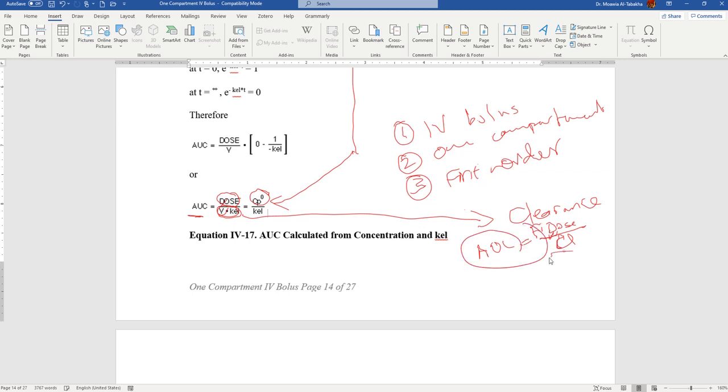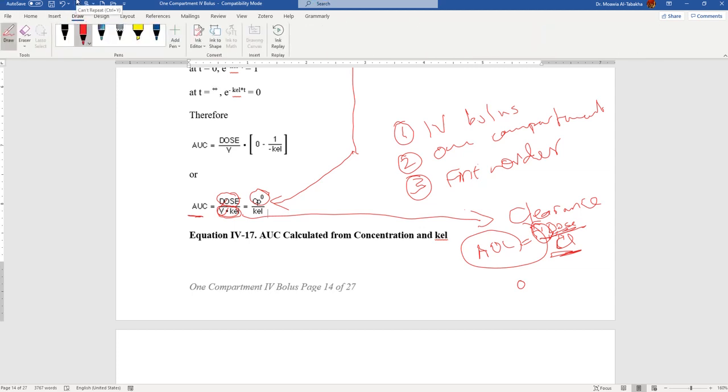If you know the clearance, and you know your dose, and you know F, you took it in biopharmaceutics pharmacokinetics 1, it's the bioavailable fraction. For example 0.9. 0.9 means 90% of the dose gets to the systemic circulation. So if I know F, dose, and clearance, I can calculate AUC.